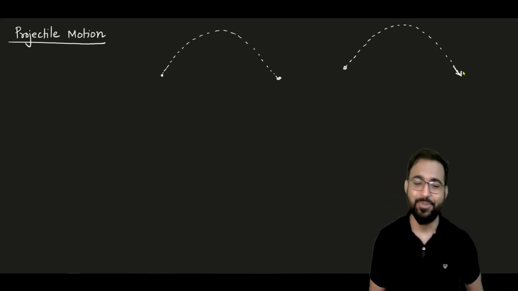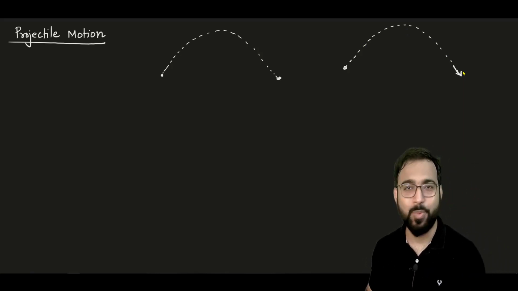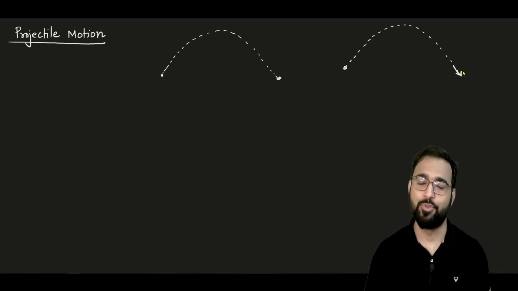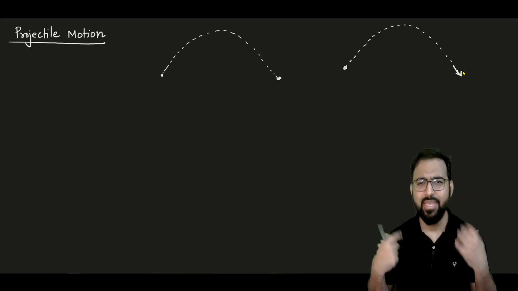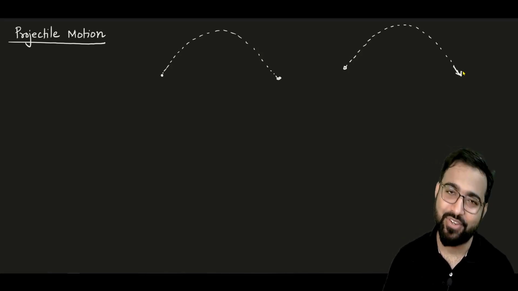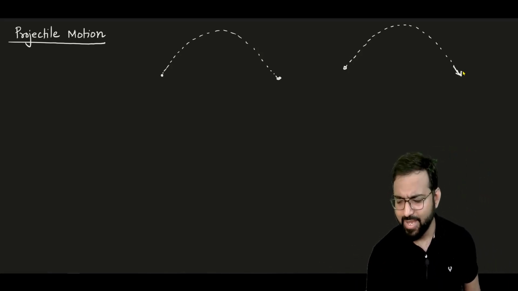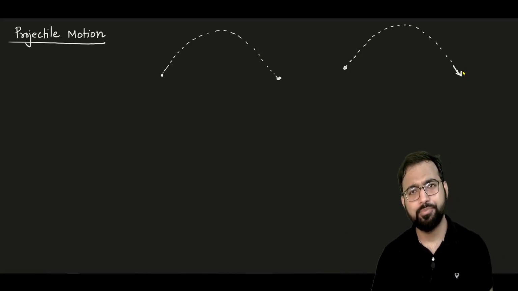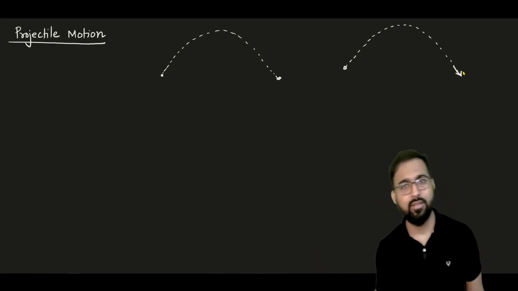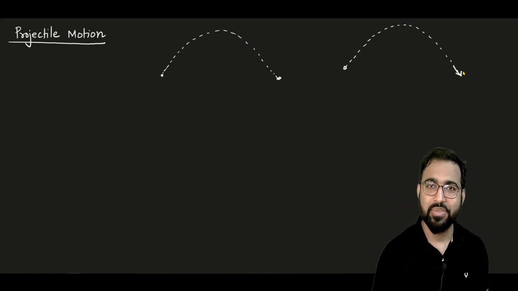And let me surprise you, you don't need an AB de Villiers or a Neeraj Chopra to showcase projectile motion. Even we people, we are good enough to experience projectile motion in real life. You want to see how? We must have taken a ball and thrown it in the air. We must have thrown a stone somewhere, right?